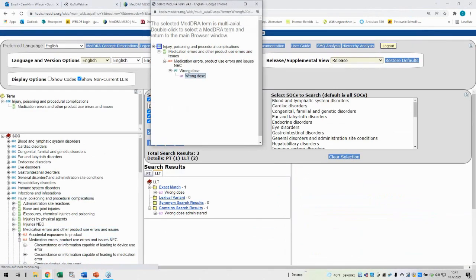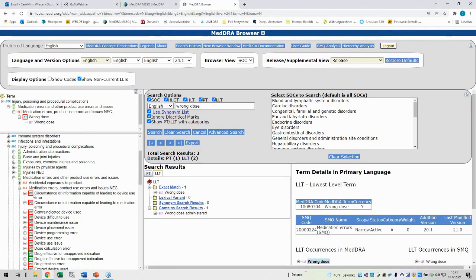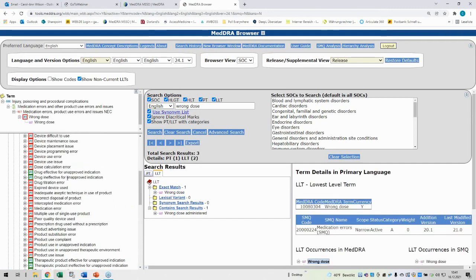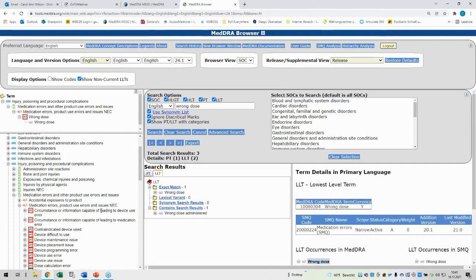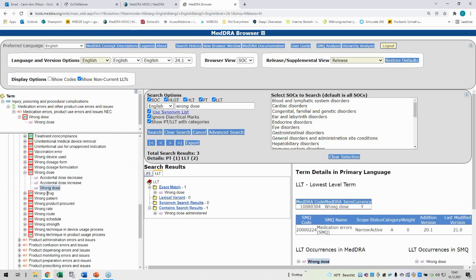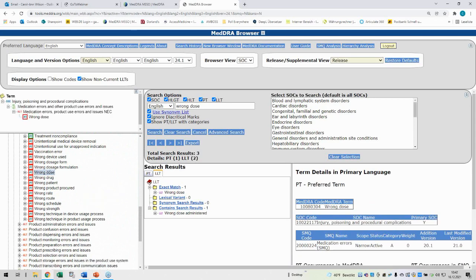If I go to the browser again, we will see that it's grouped under medication errors and issues, use errors and issues NEC. Here we have the wrong dosage form, dosage formulation. So these are general terms that can be used in addition to other terms in order to capture the specifics of the deviation, of the occurrence, of either error or misuse or off-label use. So it would be an option because the wrong dose was administered.